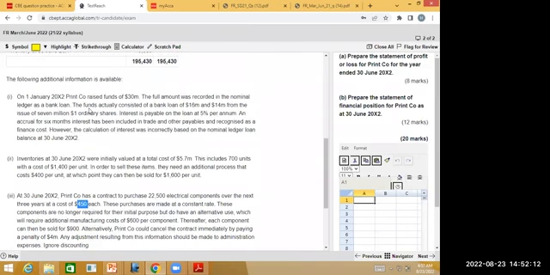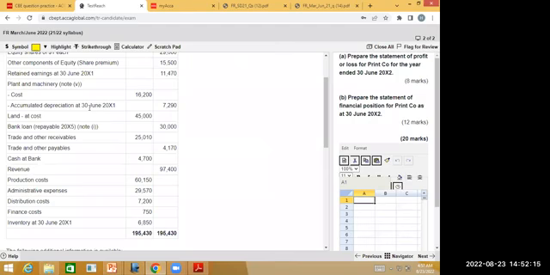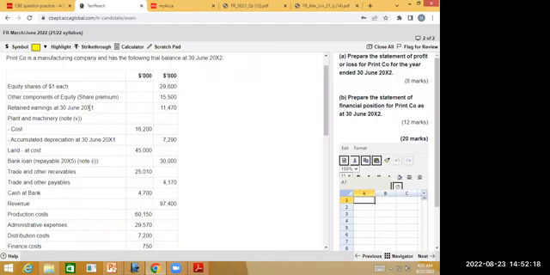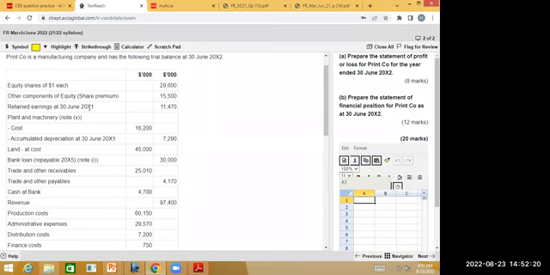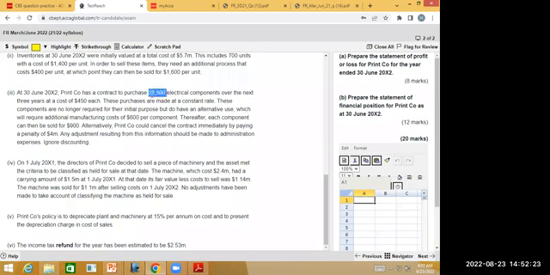So first of all, you need to calculate the cost of this contract: 22,500 into 450. And then calculate the NRV. NRV will be 300 per unit.